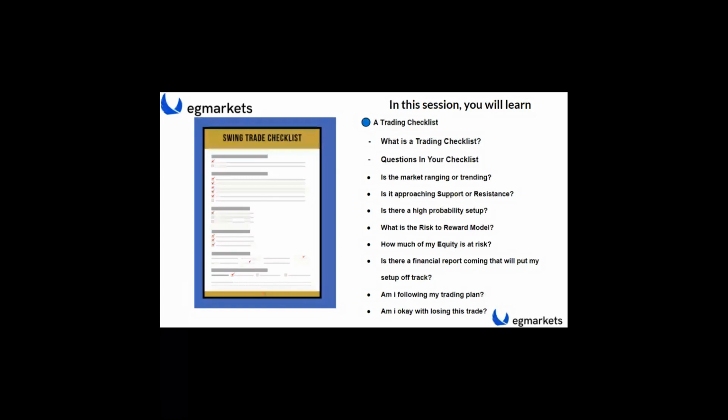Now, the next question to ask yourself is, are you following your trading plan? After all of that, you now have to go to the bigger picture, which is your trading plan. You are basically asking yourself, does this trade align with the bigger picture?